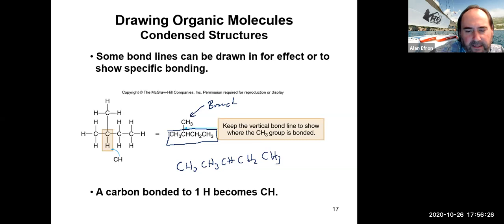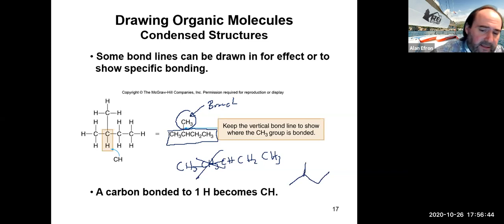Again, we typically don't want to do this because this implies that this carbon's attached to all these carbons in a row, and that's really not what's happening. So when we do have that branch, we want to make sure that we do it like that. Again, if you were to do line structure, it would actually look something like this here.